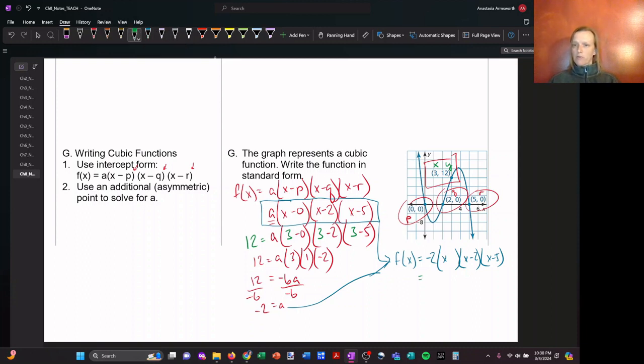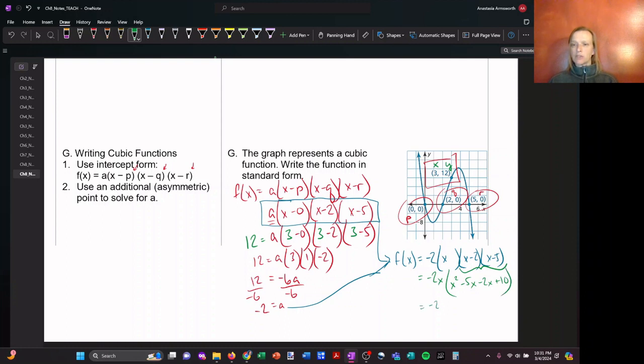So I'm going to rewrite this with the negative 2x out front, and I'm going to use FOIL to multiply those two polynomials together. So x times x is x squared. x times negative 5 is negative 5x. x times negative 2 is negative 2x. And negative 2 times negative 5 is positive 10.